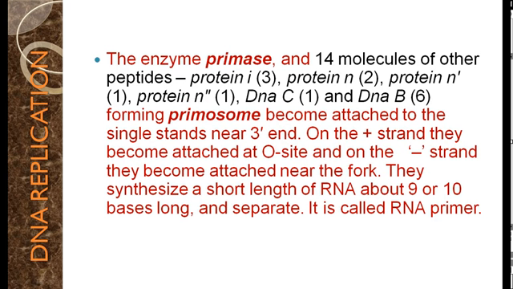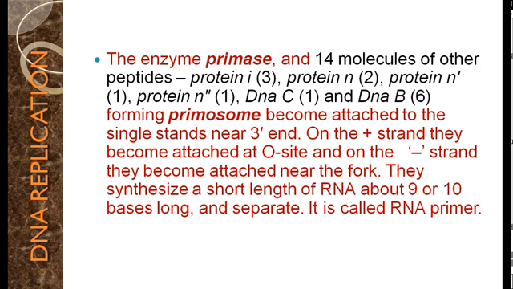Now the same is dictated pointwise here. The enzyme primase is one molecule, and 14 molecules are other peptides. Protein I 3 molecules, protein N 2 molecules, protein N' 1 molecule, protein N'' 1 molecule, DNA C 1 molecule, and DNA B 6 molecules.